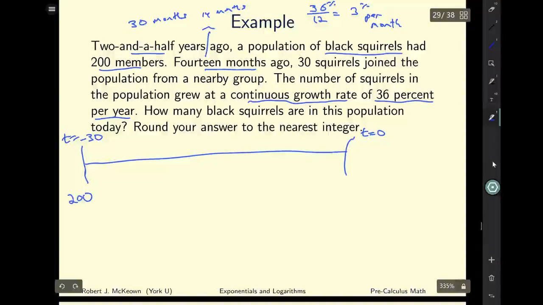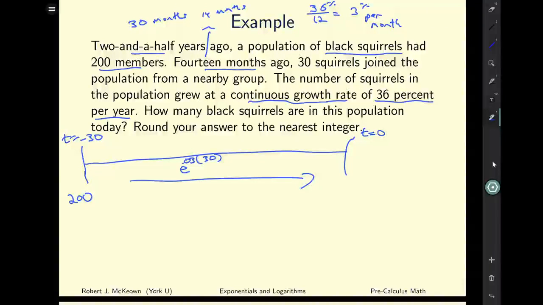The squirrels are going to grow at a continuous rate of e to the 0.03. And how many months? 30 months. And so the 200 squirrels, how many squirrels are we going to have from that 200 today? Well, according to my calculator, we're going to have 491.9, so we'll call that 492 squirrels.